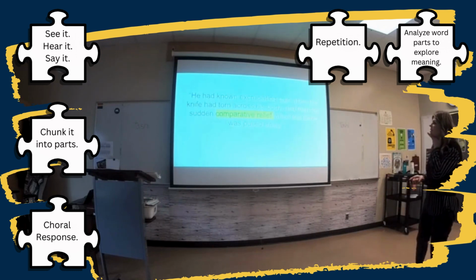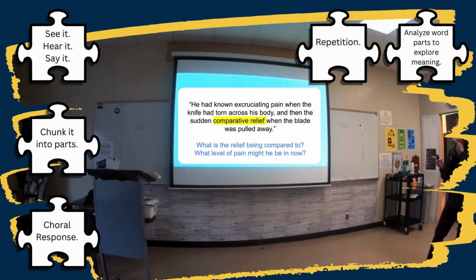So let's take a look at that sentence again. I'm going to read it. He had known excruciating pain when the knife had torn across his body, and then, and here it comes, the sudden comparative relief when the blade was pulled away. Let's read that sentence all together at the same time. Okay, ready? 1, 2, 3.